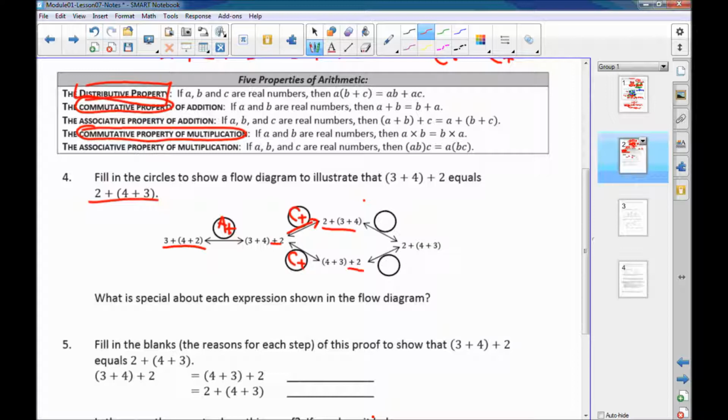The plus 2 stayed right where it was, so the only thing that changed was the 3 and 4 changed order inside the parentheses. So it went from 3 plus 4 to 4 plus 3. If you change the order in which you add, that's commutative property. If you move the parentheses to change who gets added first, that's the associative property. So a commutative property does not move parentheses.